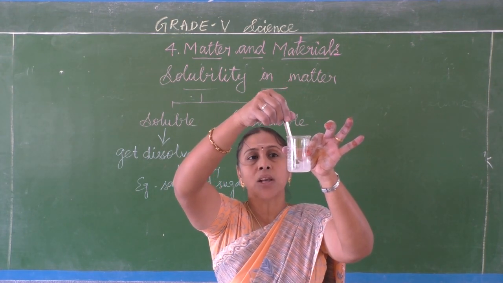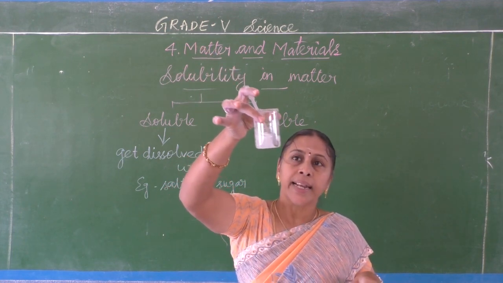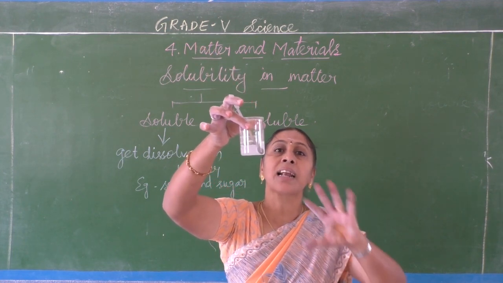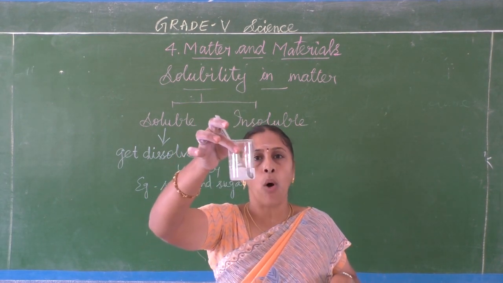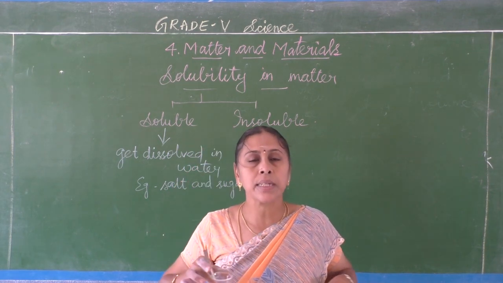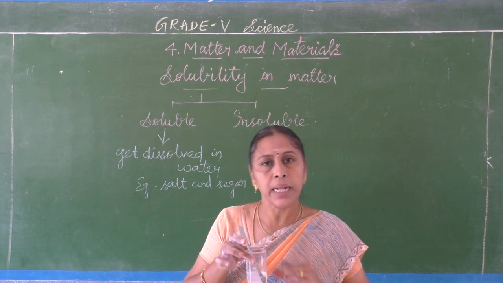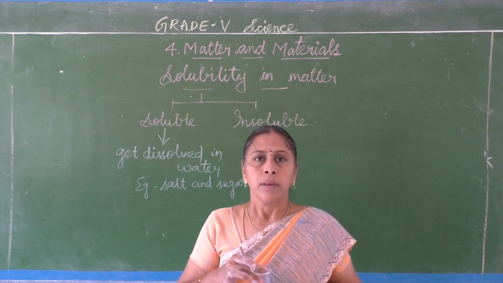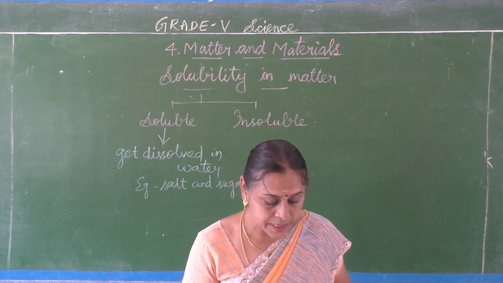It will get dissolved. Nothing remains at the bottom. It gets dissolved and becomes a clear liquid. It dissolved and got mixed with the water. So such substances which get dissolved in water are called soluble substances. Understand? If it dissolves completely, it is called soluble substances.